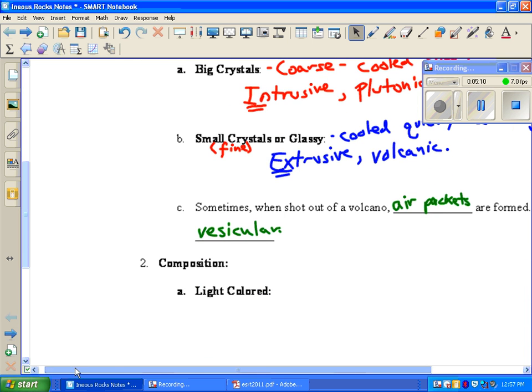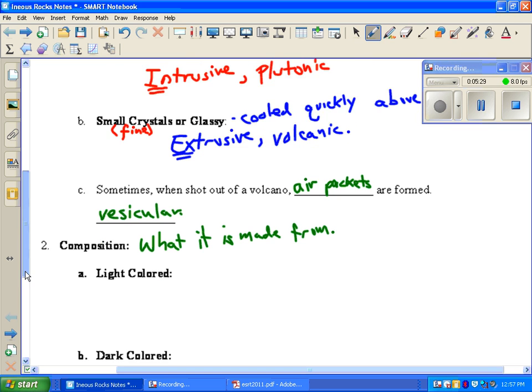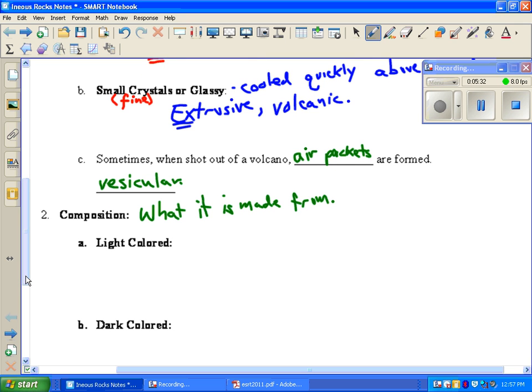The other thing we look at, besides the texture, is the composition, what it's made up of. And to do that, we look at their color. If they are light colored, we know that they are also going to be low density, and they're going to contain aluminum.